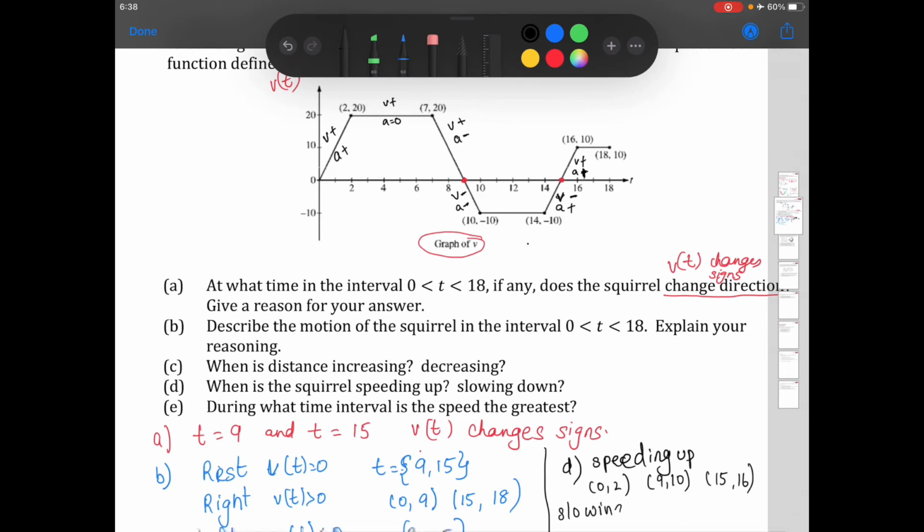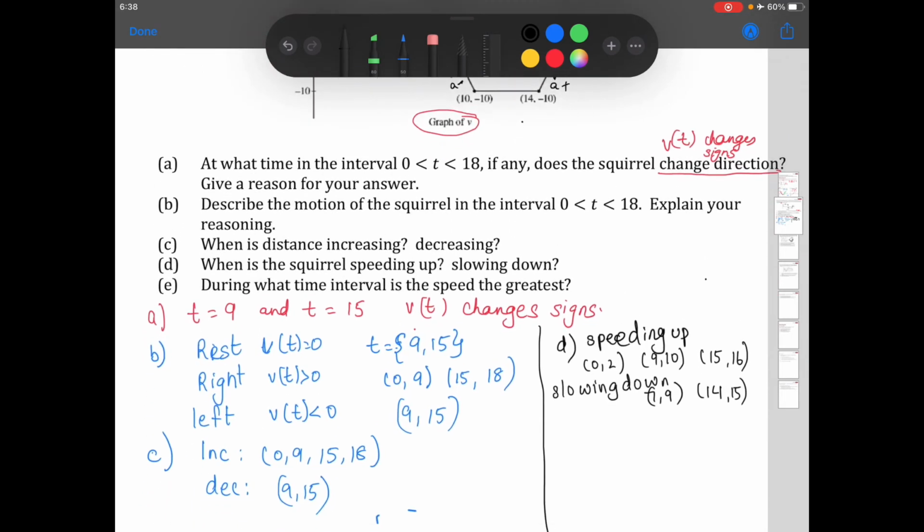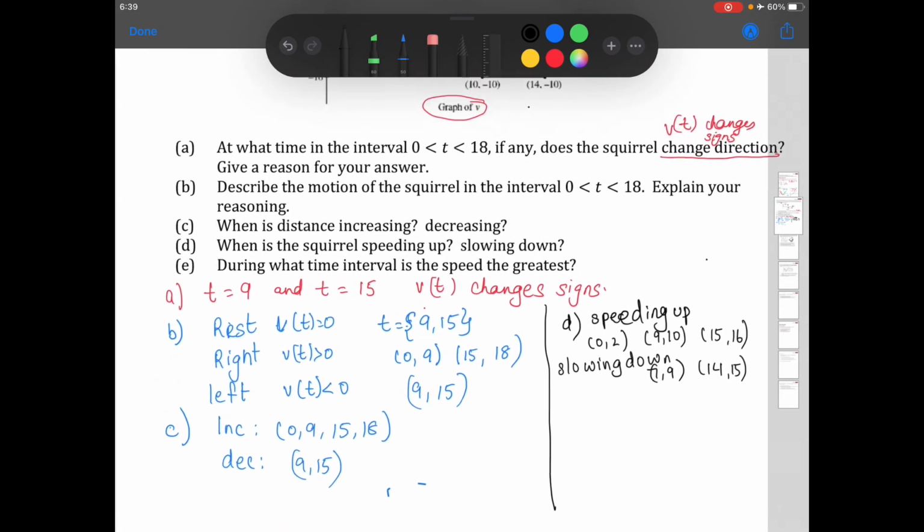And we're slowing down wherever acceleration and velocity have opposite signs. So that would be from 7 to 9, and 14 through 15. Yes, so this is how we find our speeding up and slowing down.